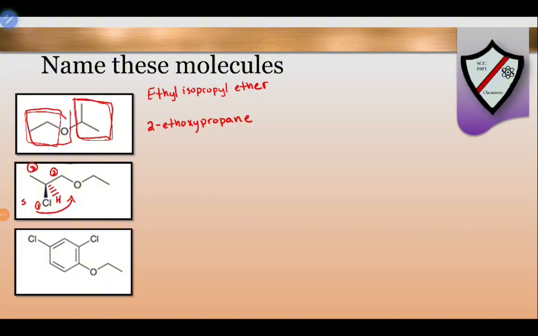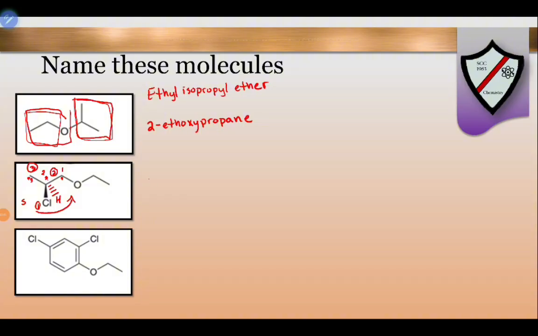And the longest unbroken chain of carbons is 1, 2, 3. But that would put our locants as number 2 and 3. So if we go the other way, our locants become 1 and 2 instead. So we can see we have an ethoxy group on carbon 1, a chloro group on carbon 2, and chloro is going to come before ethoxy in alphabetization.